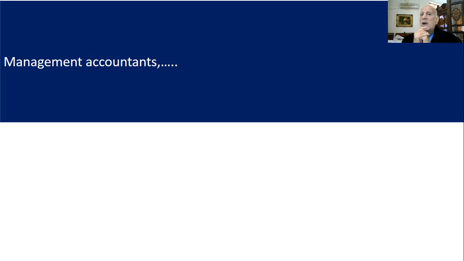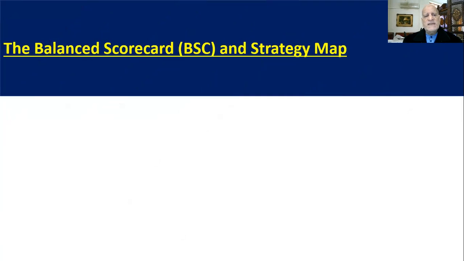Each one of these 13 methods will be covered in one or more of the study units of this course. And now let us begin with the first method, which is the balanced scorecard and strategy map.